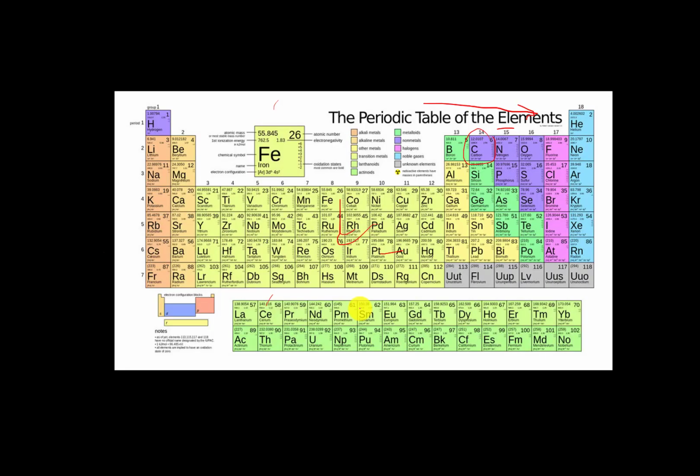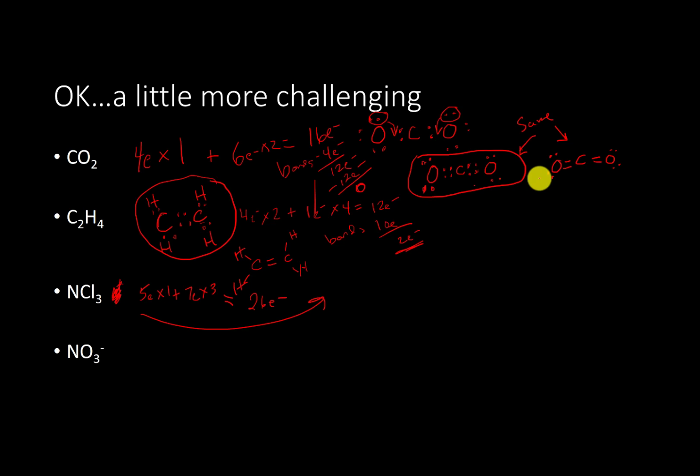Well, those are hard to compare because nitrogen is in the first row, but chlorine is more to the right. I believe that chlorine is a little bit more electronegative, but regardless, we also know that nitrogen is the most unique. And so we're going to put the nitrogen in the middle. Let's put nitrogen here, a chlorine here, and a chlorine here.